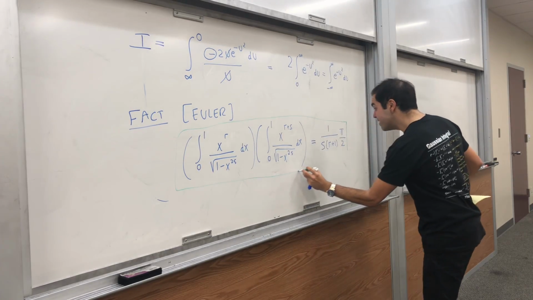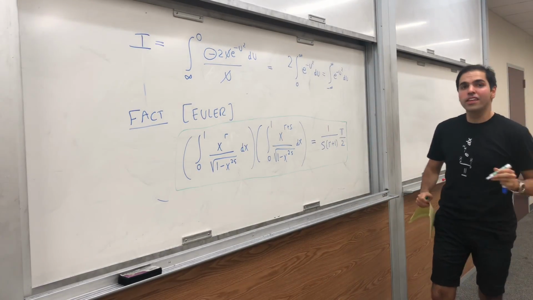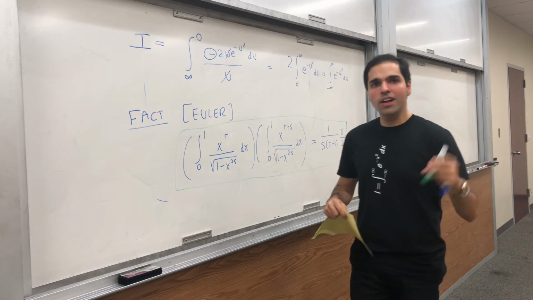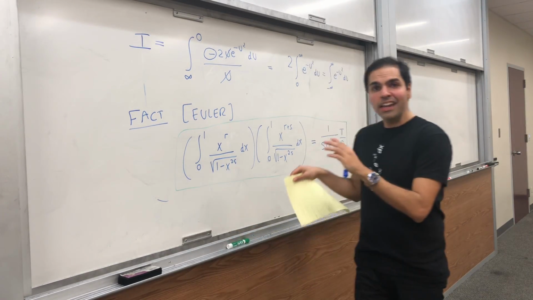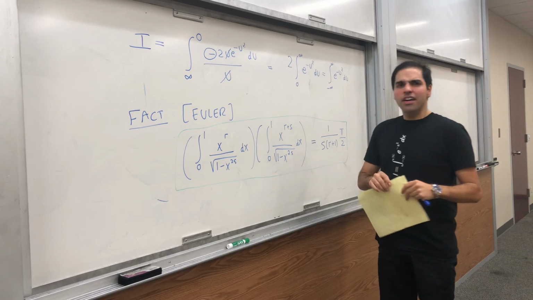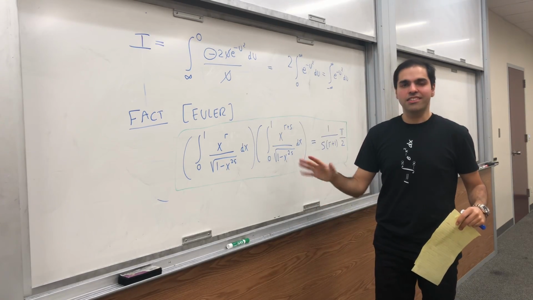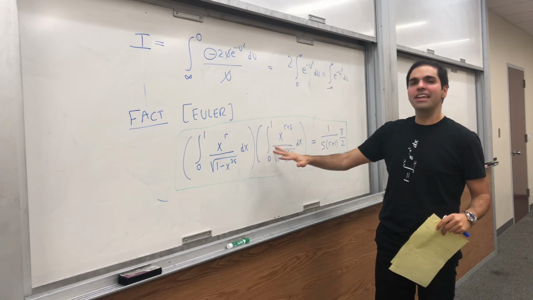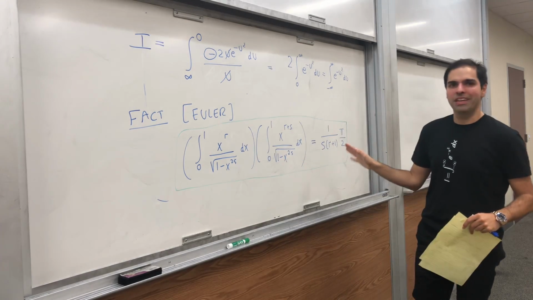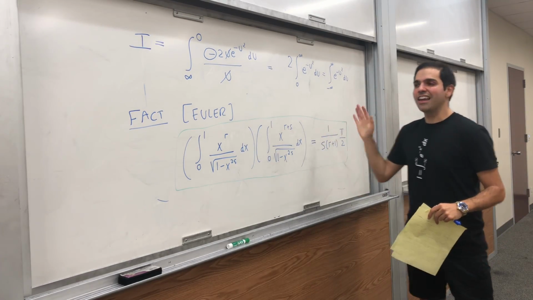Alright, and I know this looks like I just pulled it out of my hat. But if you watch the whole video, at the end I'll explain that it's not as crazy as it seems, because it turns out it's related to a previous video I made. But more on that later.